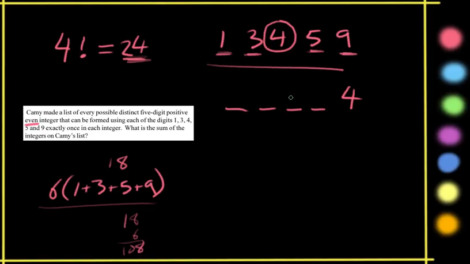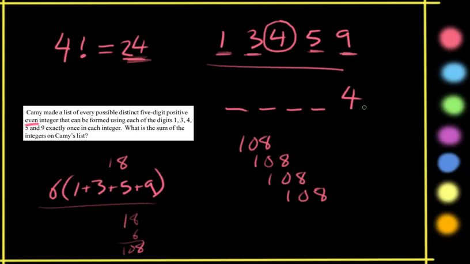There's going to be 108 in the hundreds place. I mean, we can't put 108 in those places, but we can add it up like this: 108 in the ten thousands place, plus 108 in the thousands place, plus 108 in the hundreds place, and 108 in the tens place.